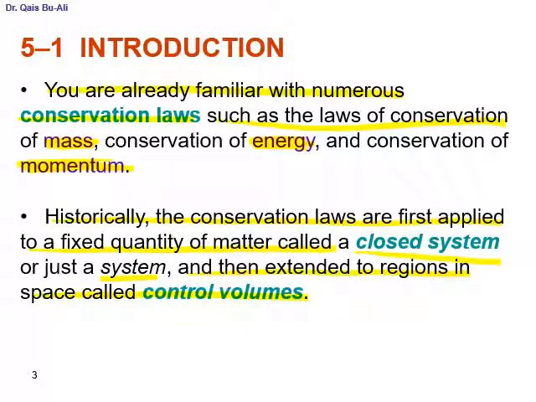So closed system, you remember in the past we talked about closed system and we called them what? Control mass. And we talked about control volume, or we call it open system, if you remember. We discussed this in chapter 2, I believe.